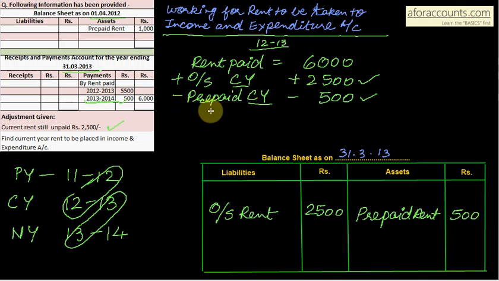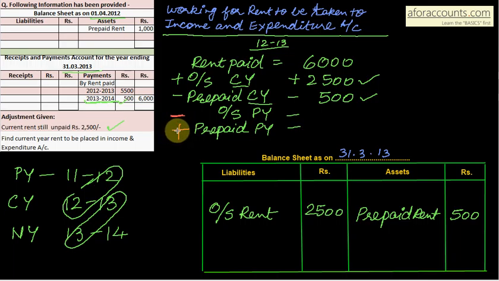Now what you have to do, there will be two more adjustments: outstanding of the previous year, and prepaid of the previous year. Look, the current year's outstanding we added, so less the previous year's outstanding, and here there is minus prepaid current year, so add prepaid of the previous year.